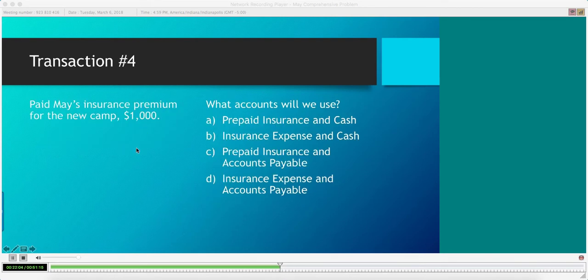Okay, paid May's insurance premium for the new camp of $1,000. So since we're paying, it's not going to be in accounts payable. So it would either be prepaid or insurance expense.